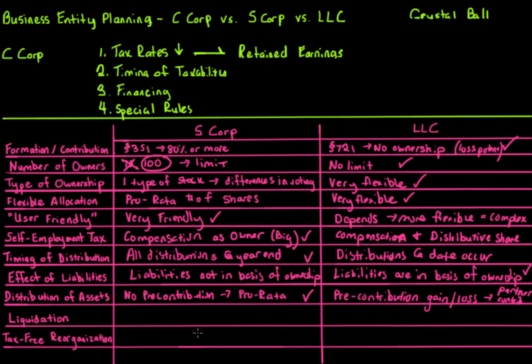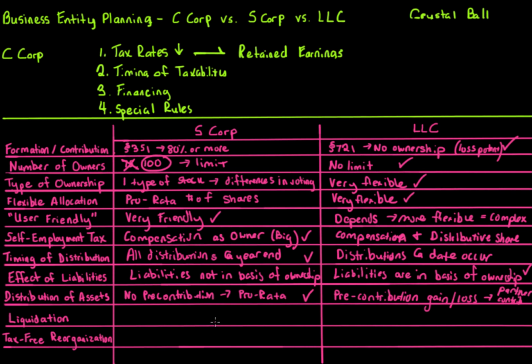All right, liquidation. When the entity liquidates, which entity is going to have better results? This one I'm going to summarize, because you have to go through a lot of things when you have liquidation. So in liquidation, we're assuming the assets are being liquidated.